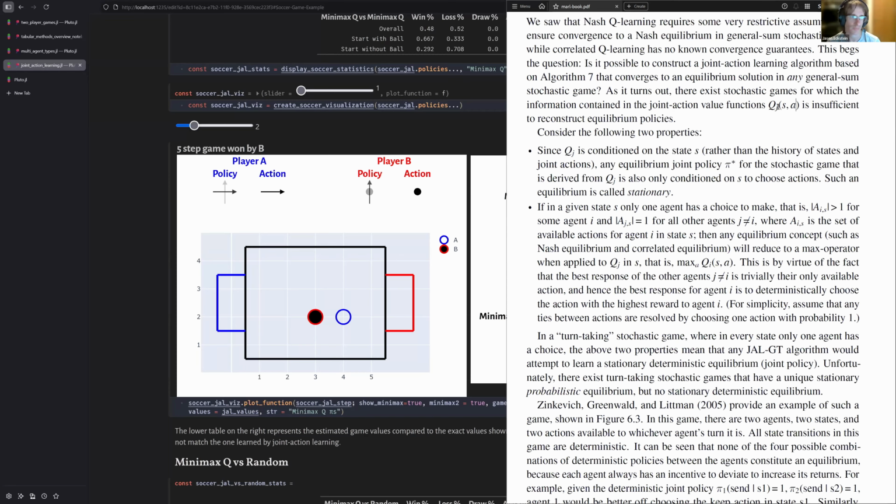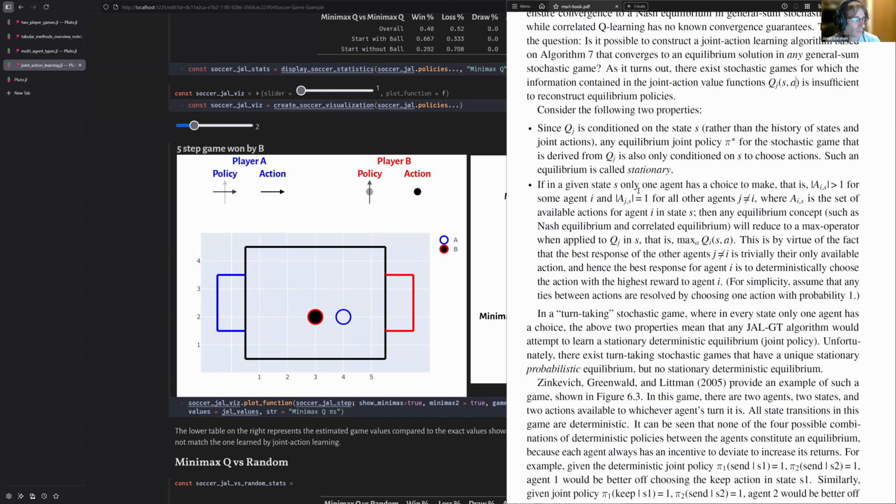between two actions. So the book brings up this point that, let's say we have a game where the agents alternate taking turns. So in any given state, only one of the agents is making action selections, and the other agent effectively has only one action, which is to do nothing.